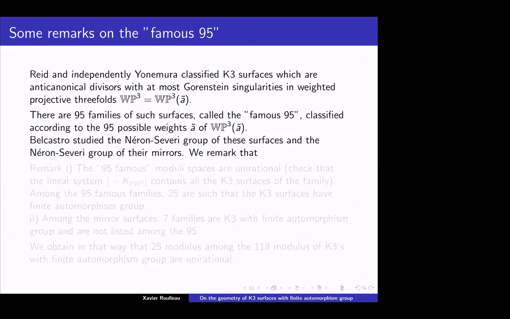These 95 families are called the famous 95, and they are classified according to the possible weights of the weighted projective spaces. And moreover, Belcastro has studied the Néron-Severi group of these surfaces and the Néron-Severi group of the mirror. There is a mirror symmetry theory, and she computed that.